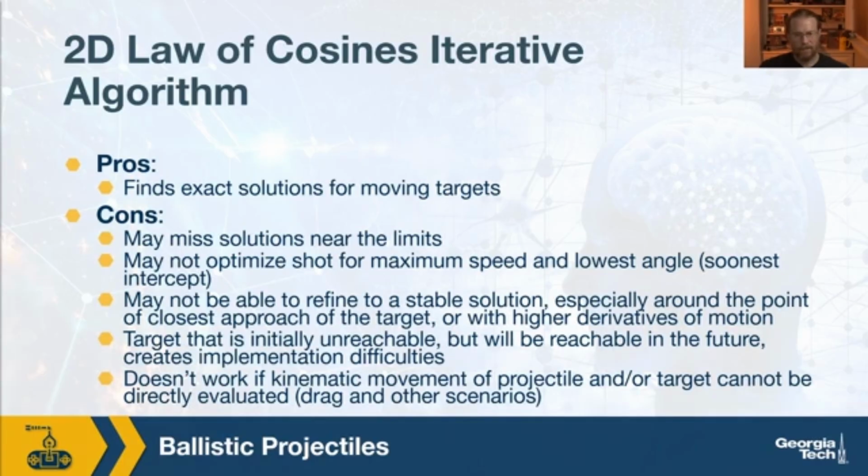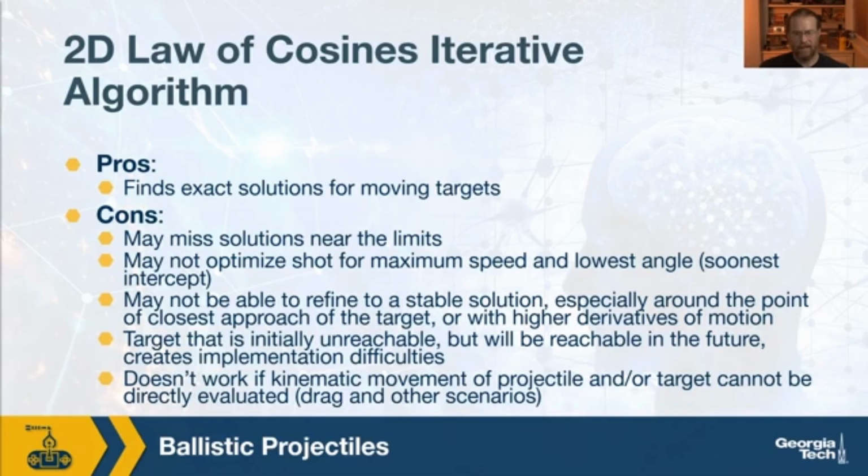And also, you can only use constant velocity with this method. You might be able to revise it, perhaps, to break up movement into small segments, let's say if you have non-zero acceleration.